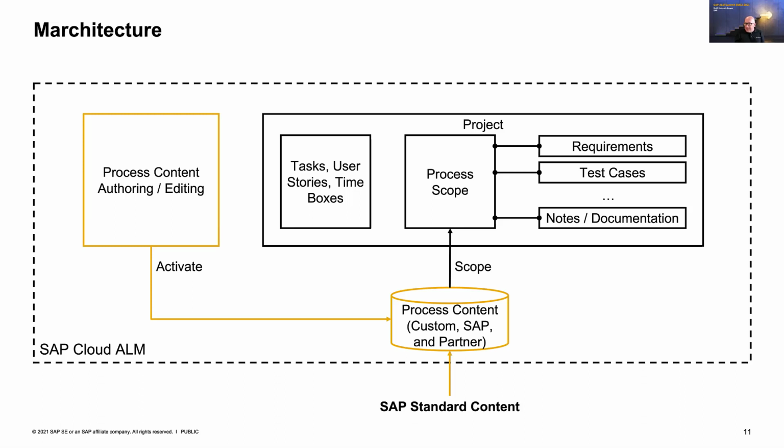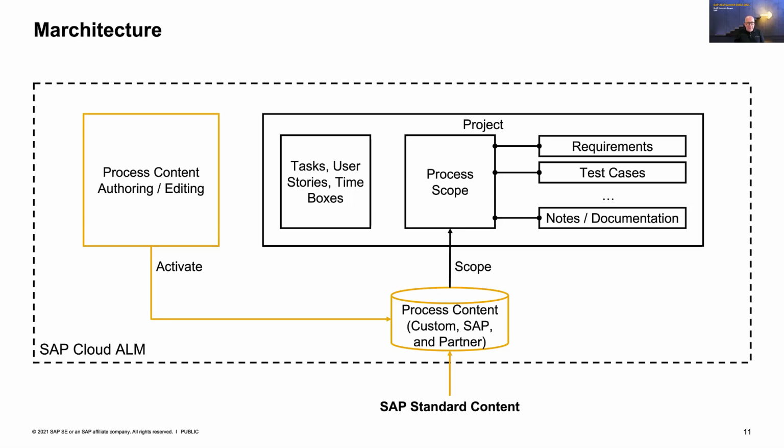Every Cloud ALM tenant comes with a library of processes that you can use in your projects, that you can scope into an implementation project. With the activate step, the modeled processes are activated side by side with the SAP content and partner content in the central library of processes. Then, if you define your implementation project, you can just pull in the custom processes like you pull in every SAP or partner process. So there is no special treatment or the like.